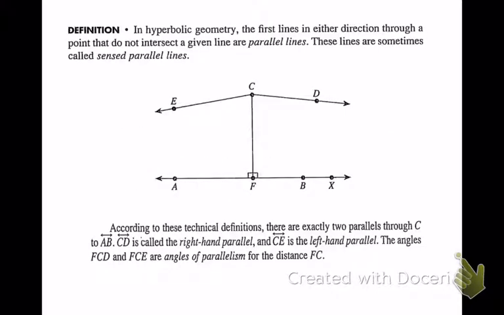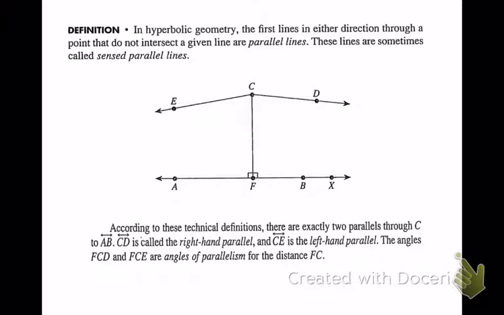So in hyperbolic geometry, the first lines in either direction through a point that do not intersect a given line are parallel lines. These are sometimes called the sensed parallel lines.